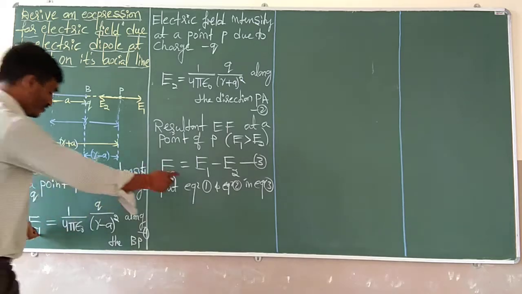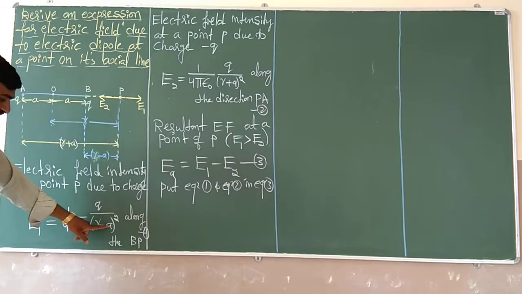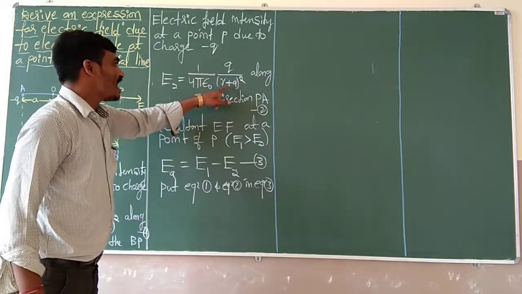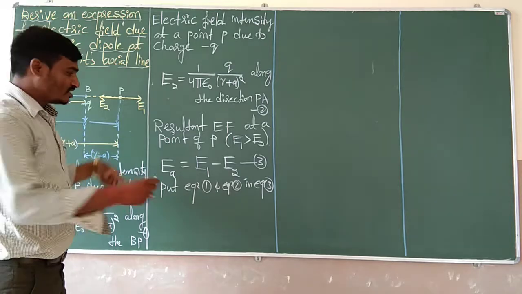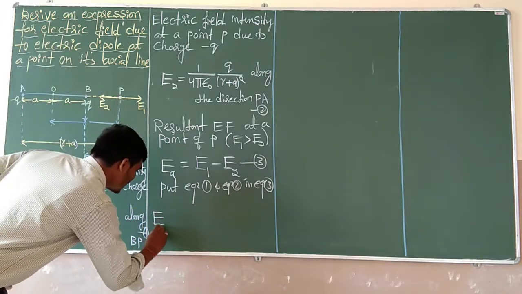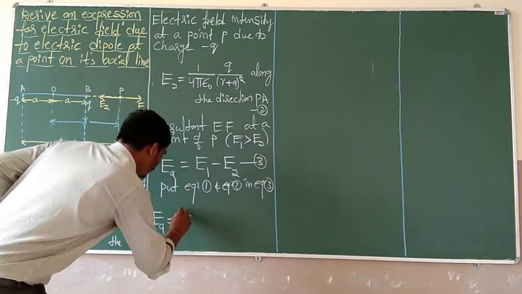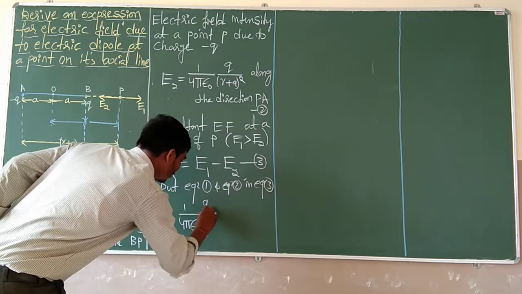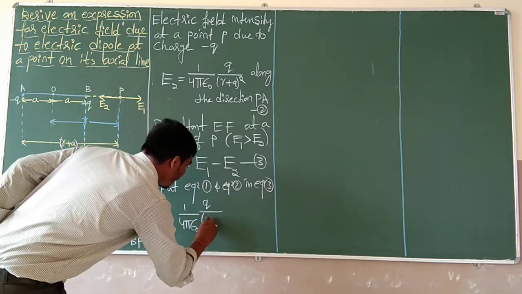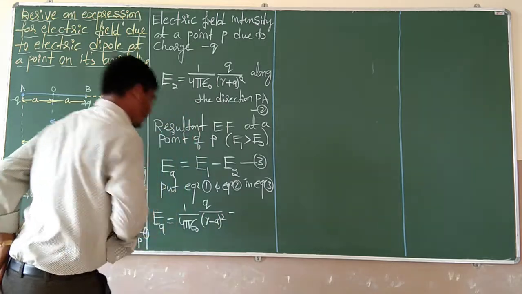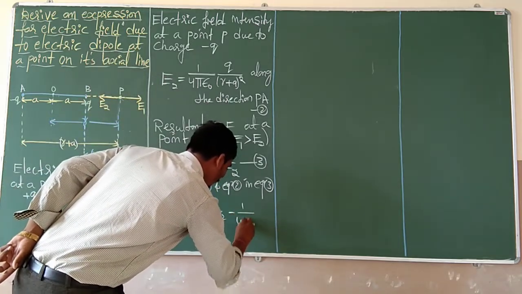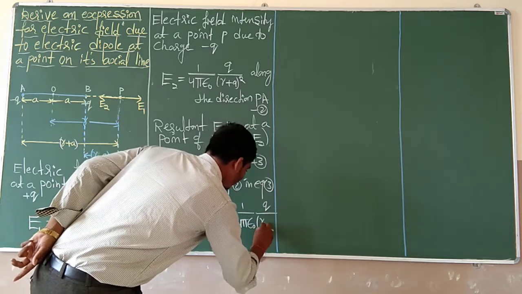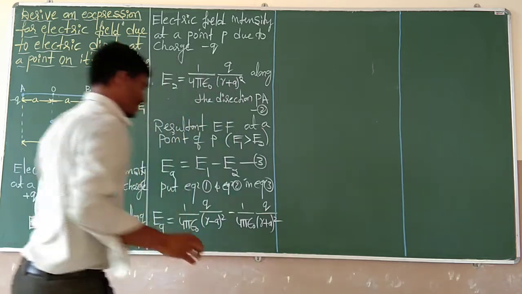Here E1 we have 1 by 4 pi epsilon naught Q by (r minus a) whole square, and E2 we have 1 by 4 pi epsilon naught Q divided by (r plus a) whole square. Substitute these two, that is EA is equal to 1 divided by 4 pi epsilon naught Q by (r minus a) whole square minus 1 divided by 4 pi epsilon naught Q divided by (r plus a) whole square.